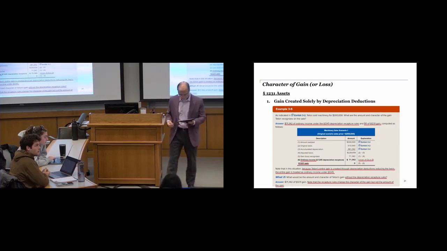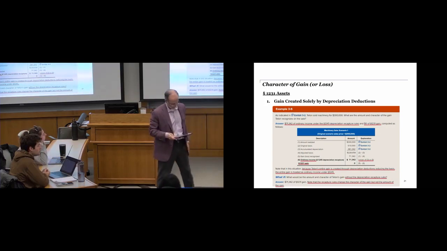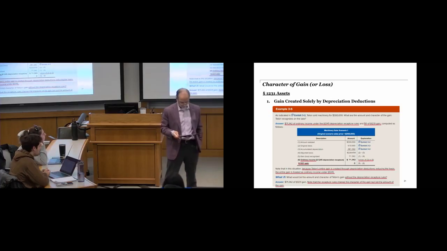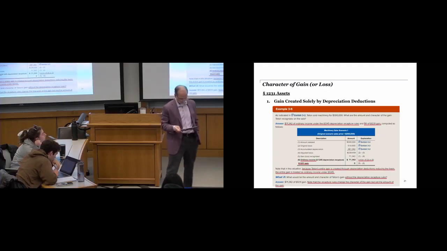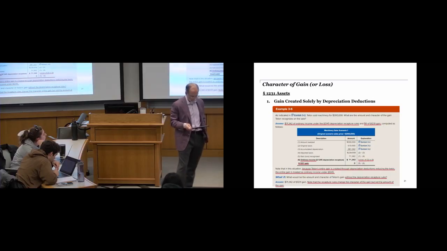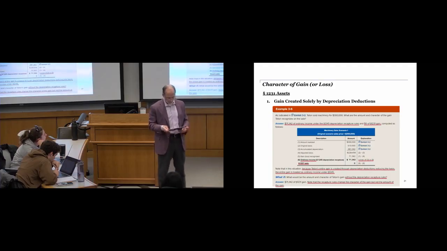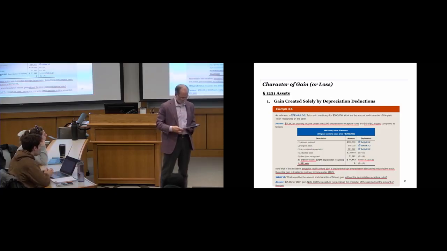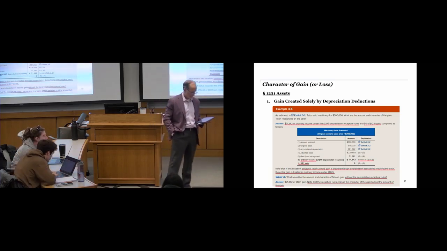As indicated in Exhibit 3.2, Teton sold machinery for $300,000. What are the amount and character of the gain Teton recognizes on the sale? $71,342 of ordinary income under the depreciation recapture rules that we just went over, and $0 of 1231 gain. This table shows basically how we calculated it.